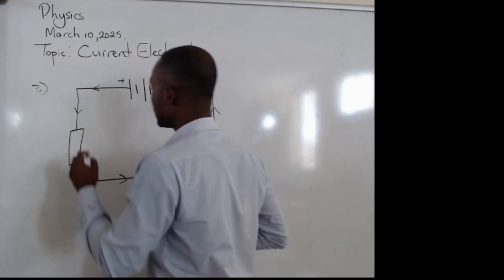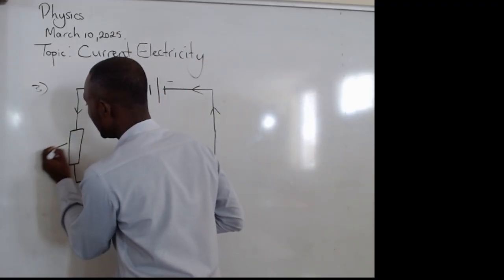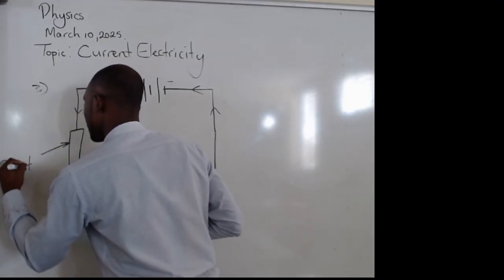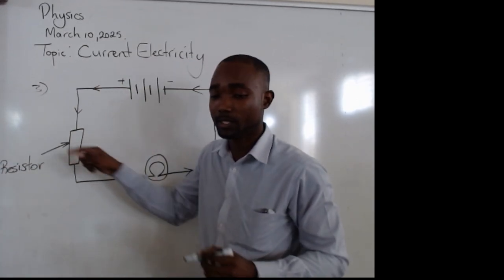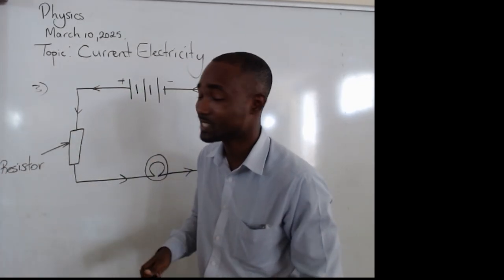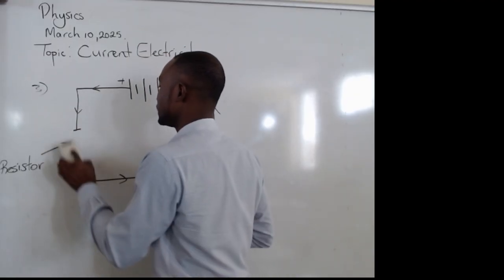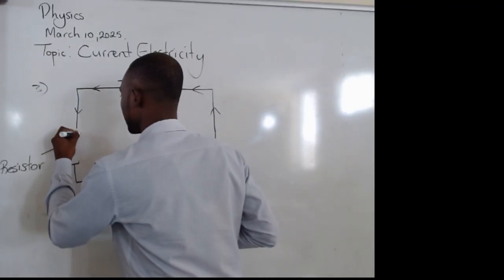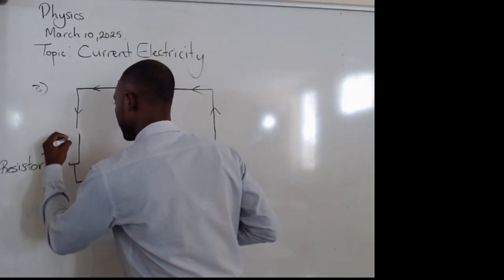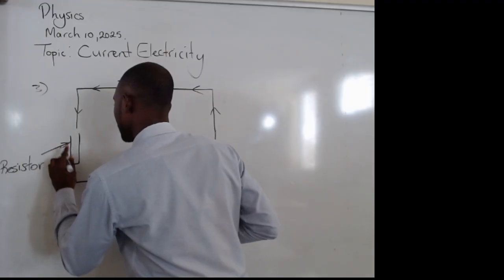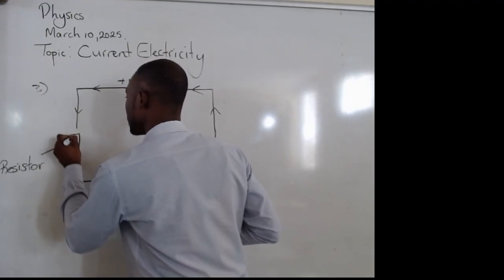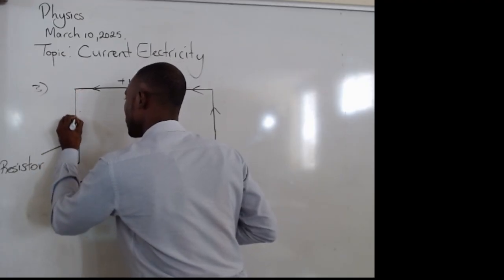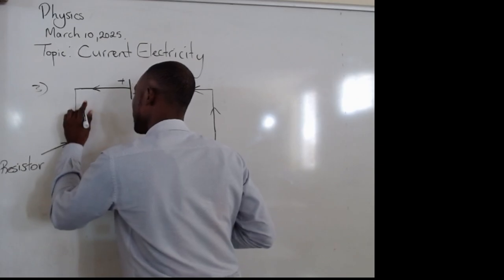All right, let's put some values in. This right here is a resistor, a fixed resistor. So this is the symbol for a resistor when you're drawing a circuit. It's more of a rectangle. So ensure that you use your ruler to draw this, so you get a better straight edge. All right, so that looks a bit better now.